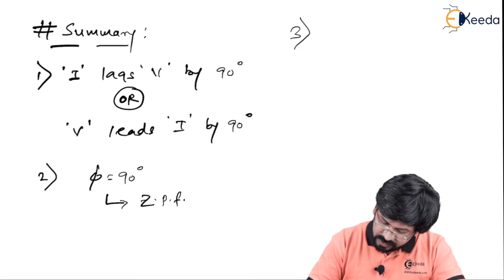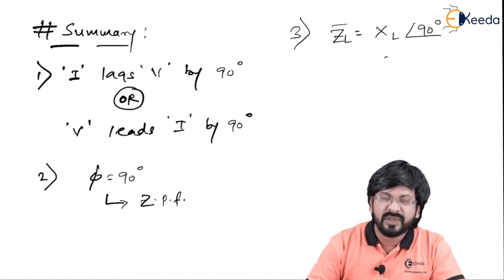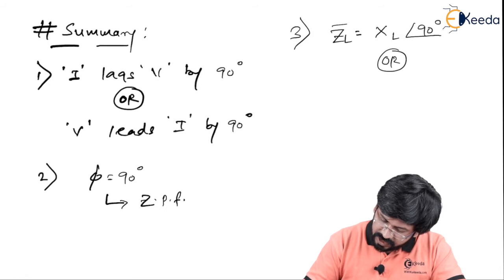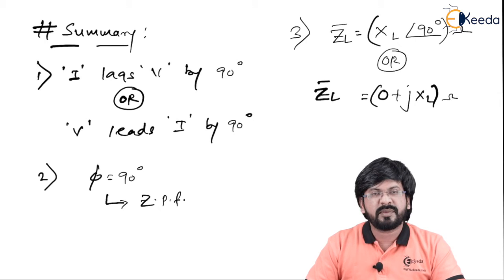Third, the ZL vector is nothing but XL at an angle of positive 90 degrees, or in rectangular form you can write it as 0 plus jXL. Of course, the unit is ohms in both cases. So this is the summary for the inductor, how it behaves in AC circuits.